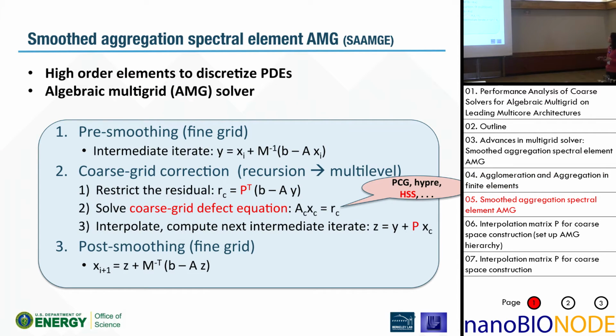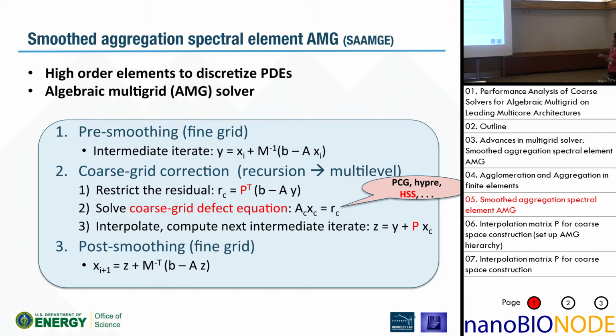For this AMG method, you can use high-order elements to discretize the PDE. That's one advantage. And the AMG solver is pretty standard. You have the fine grid to do the pre-smoothing. You can use some polynomial smoother here, or a simple, cheap stationary iteration. And then the critical part is the coarse-grid correction.